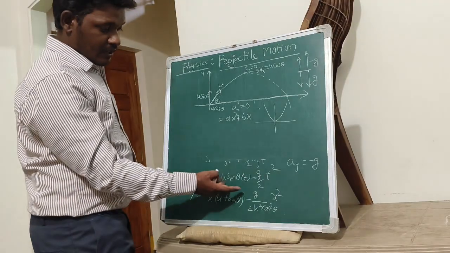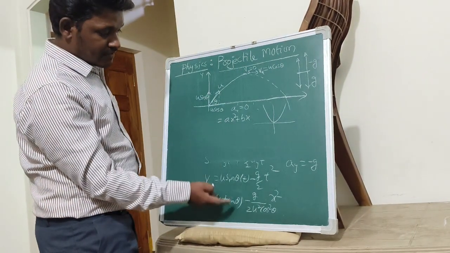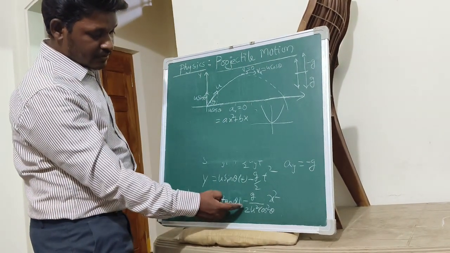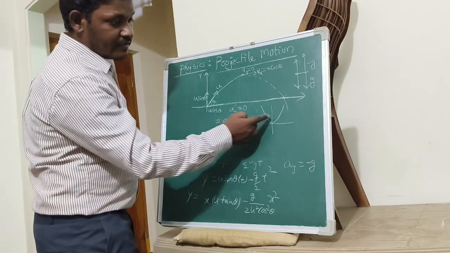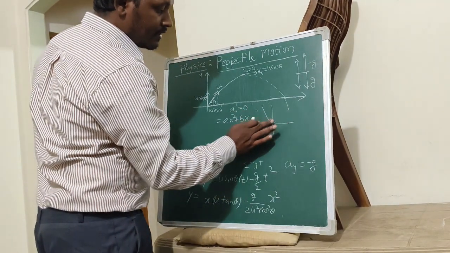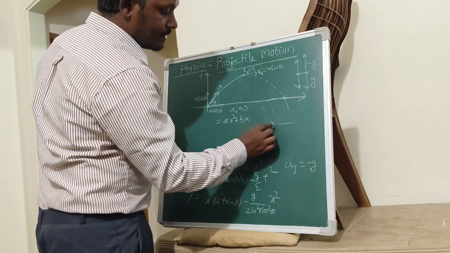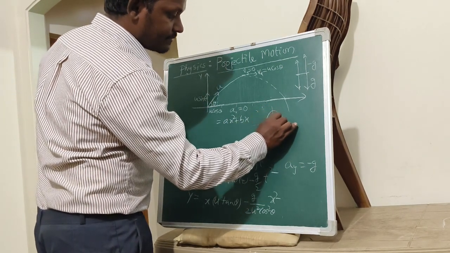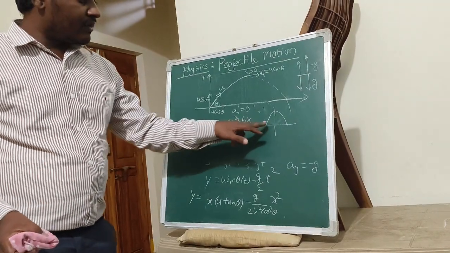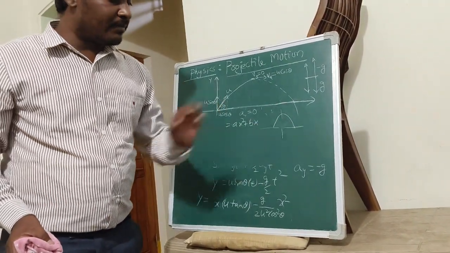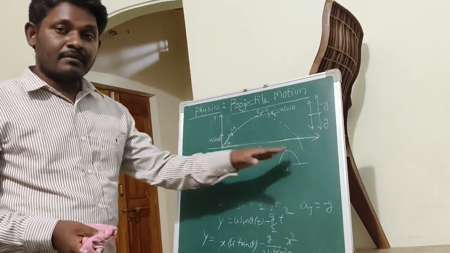When you compare this, the coefficient of x square is negative, that means this curve is in the downward direction, that means this quadratic equation denotes a parabolic path.